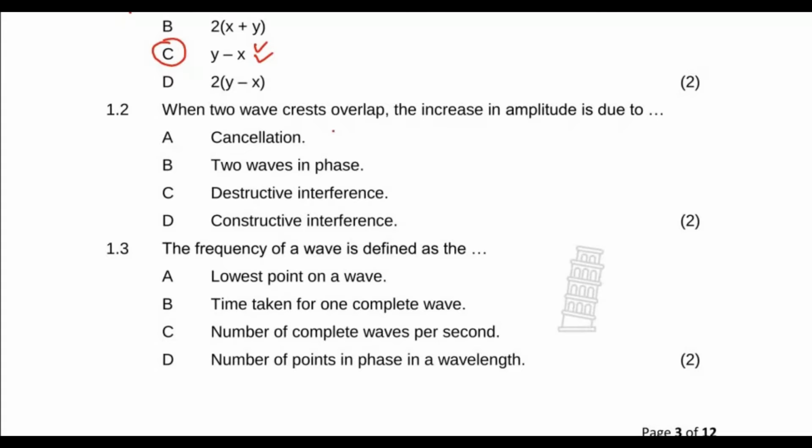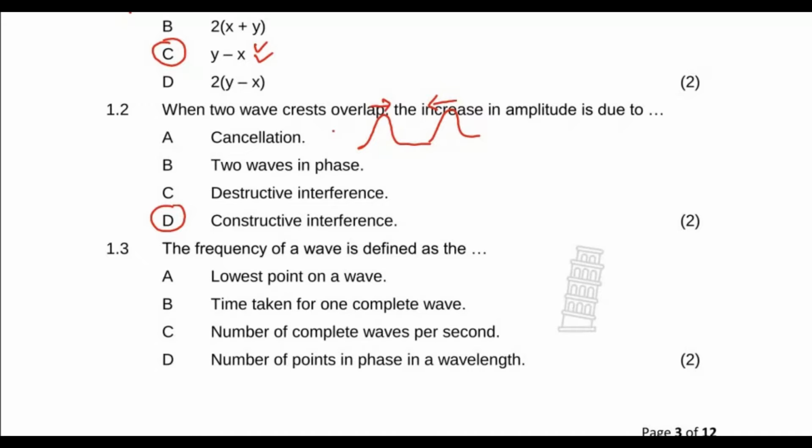So if we have a crest and another crest, and they are going to overlap, that is, they're going to meet, they're going to interfere, they go through something called superposition. And if it's a crest and a crest, we say it is constructive interference. The type of superposition that they undergo is constructive interference.